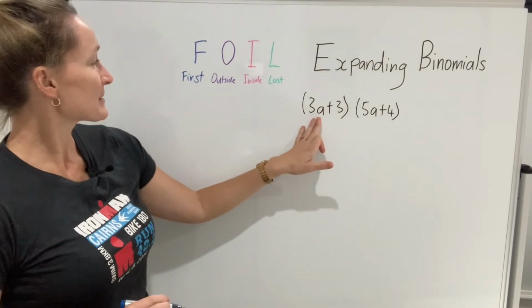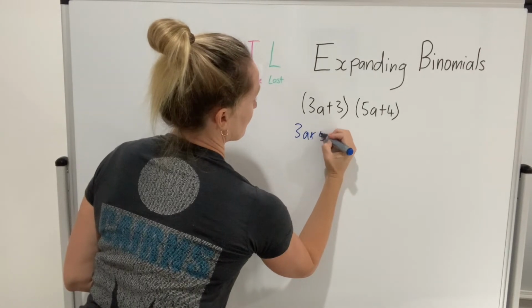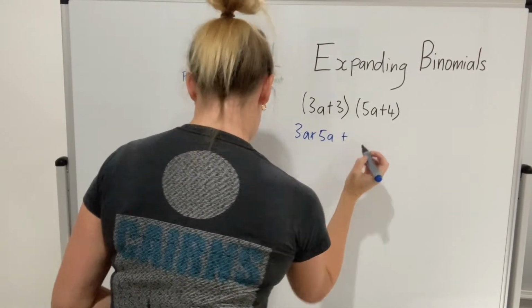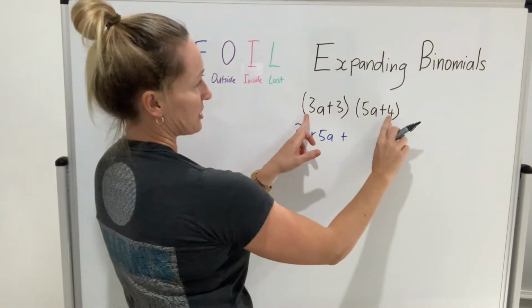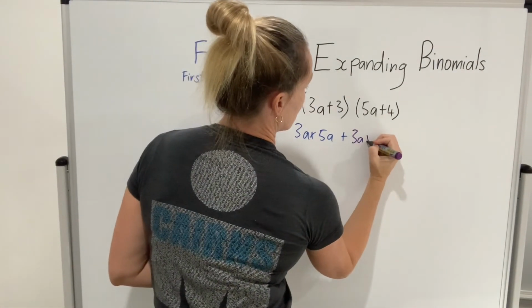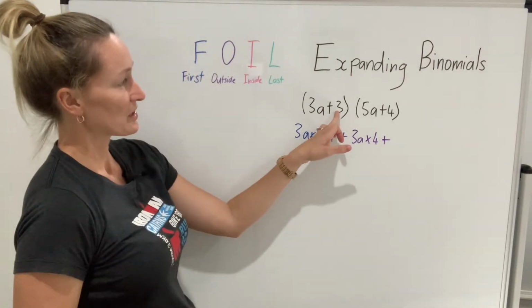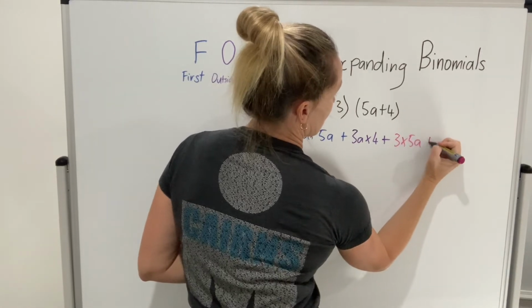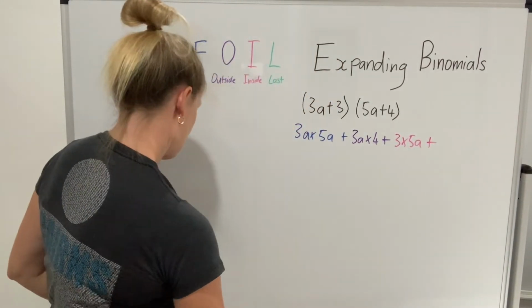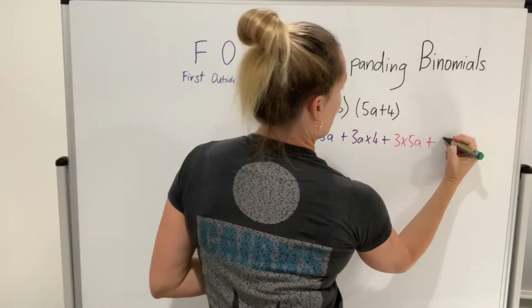First terms, 3a times 5a, plus the outside terms, 3a times 4, plus the inside terms, 3 times 5a, plus the last two terms in each set of brackets, 3 times 4.